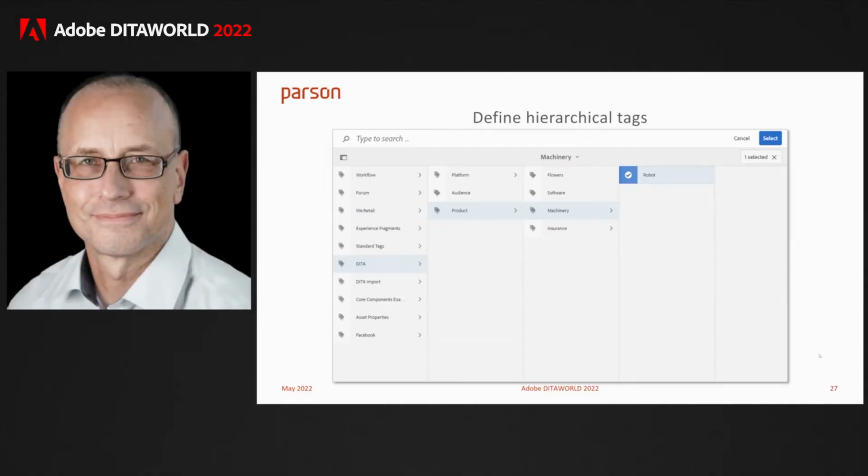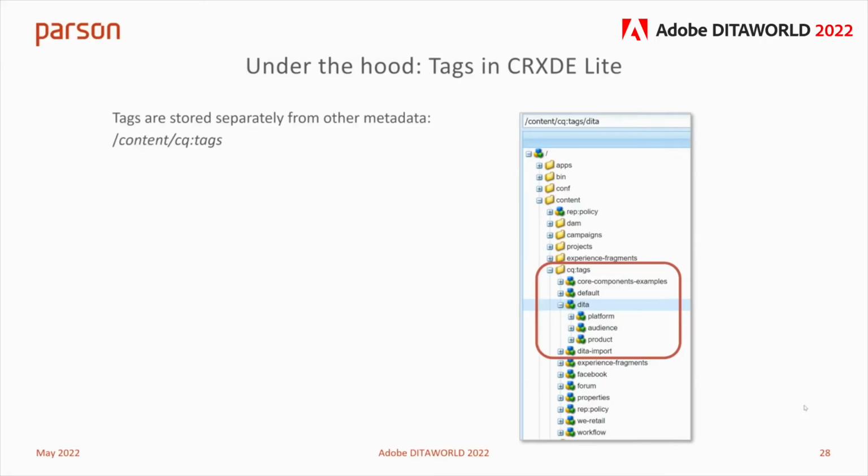Tags are actually the easiest way to define your own set of metadata in AEM because they can be configured in the back end, while other enhancements and additions to the metadata mechanisms require more complex configuration or even development effort. We will see that later on when we're talking about DITA metadata in AEM. So under the hood, you will notice that tags are also stored differently or separately from other metadata in AEM.